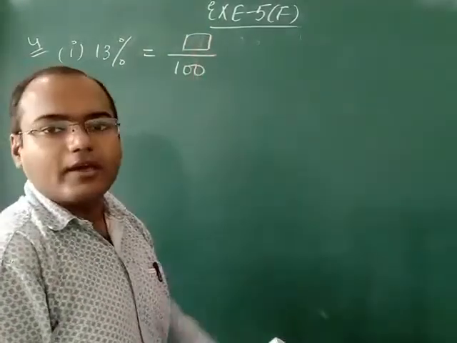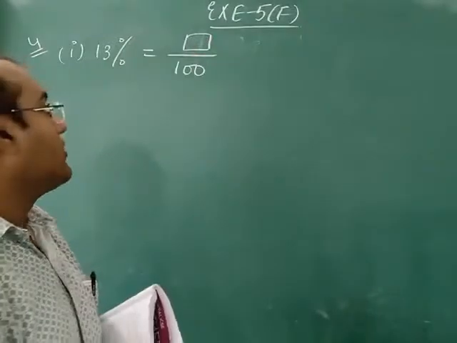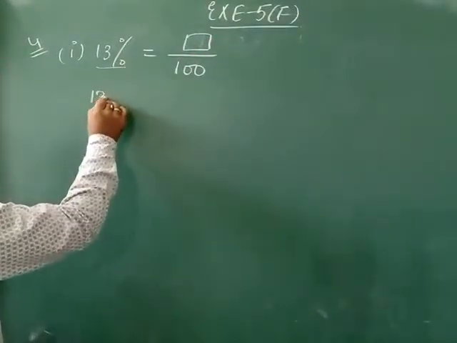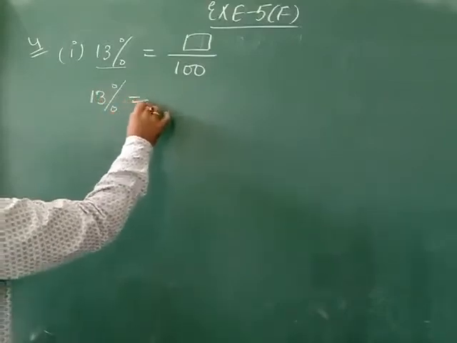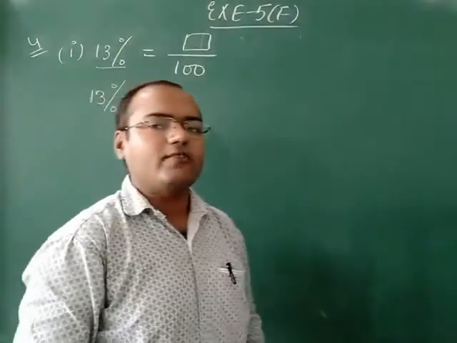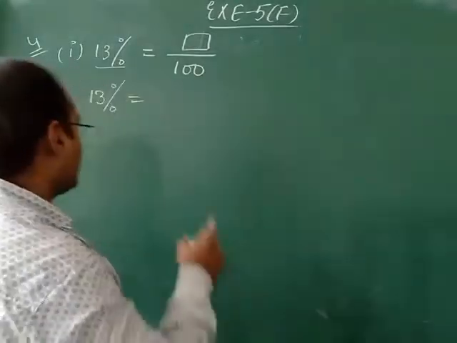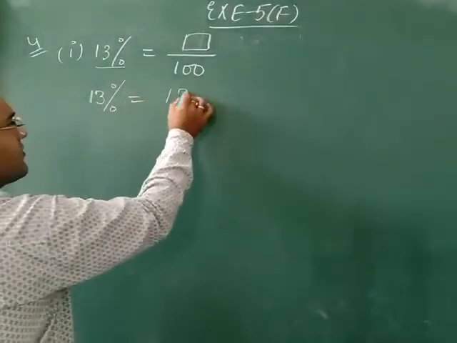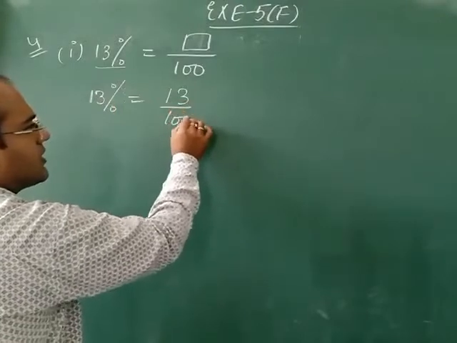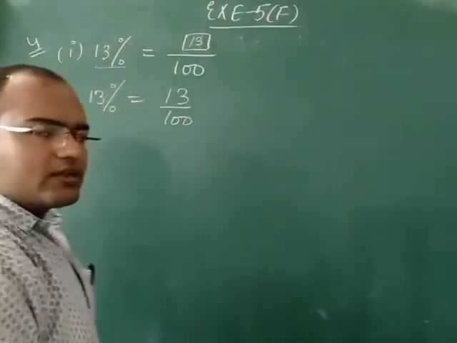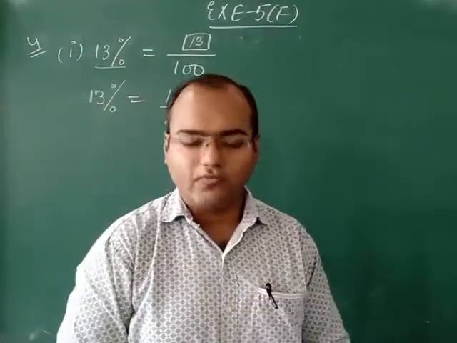What answer will come here? First of all, we will take the left hand side. What is given here? Left hand side is 13%. And in the previous question, I explained to you that when we remove the percent sign, we have to divide by 100. So we will remove the percent sign. The answer will be 13 upon 100. So that means in the empty place you have to fill 13. So this is the answer of the first part.